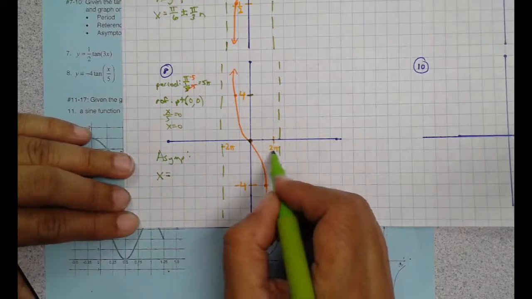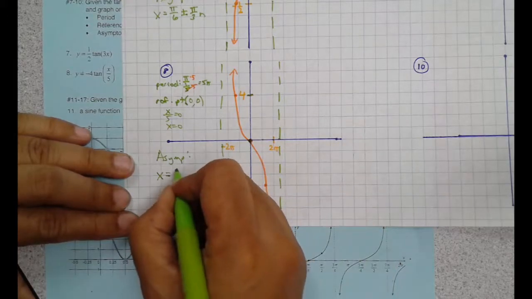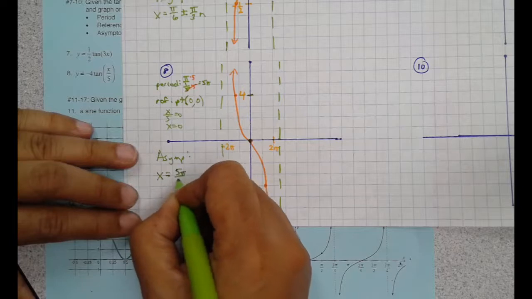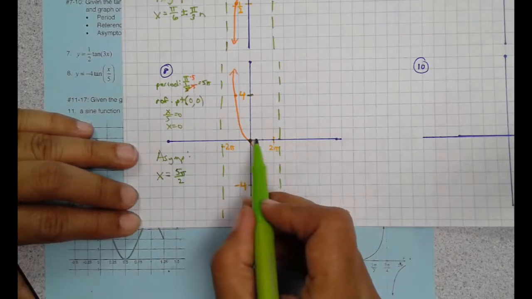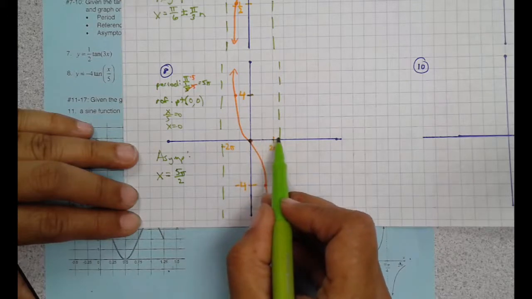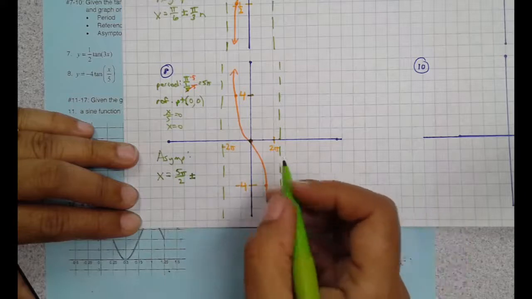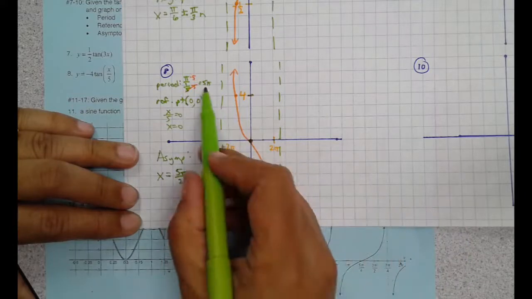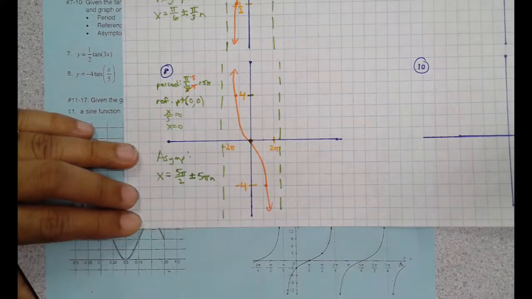So instead of writing 2.5 pi, 2.5 is the same thing as saying 5 pi over 2. Okay? It's like going by halves. 1 half, 2 halves, 3 halves, 4 halves, 5 halves. Plus or minus. And then we are going to add the period, which is 5 pi, times n.